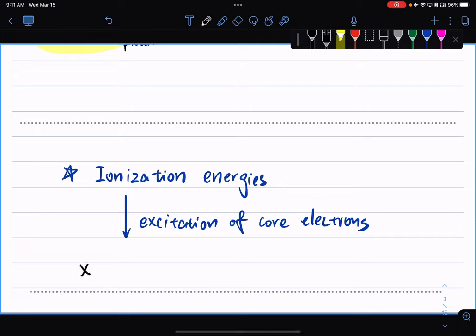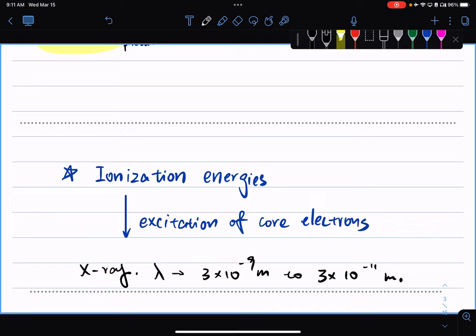And typically we use X-rays with wavelengths in the region of 3 times 10 to the negative 9 to 3 times 10 to the negative 11 meters. So in photoelectron spectroscopy, we're ionizing the molecules. We can not only ionize their valence electrons, but also ionize their core electrons. That is why for photoelectron spectroscopy we need a high energy laser beam, typically an X-ray.